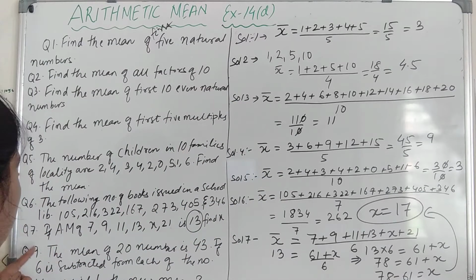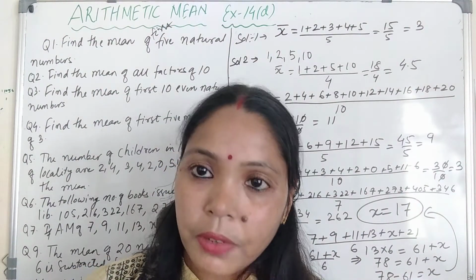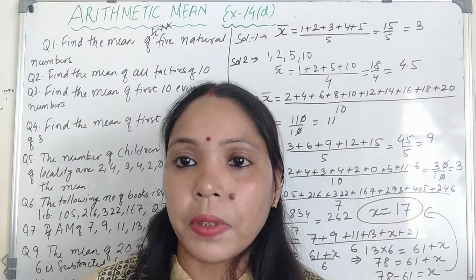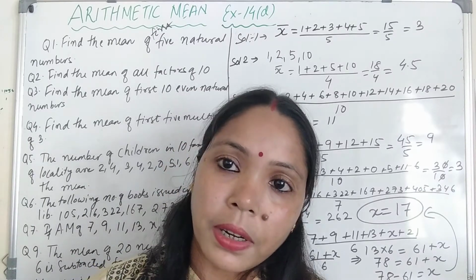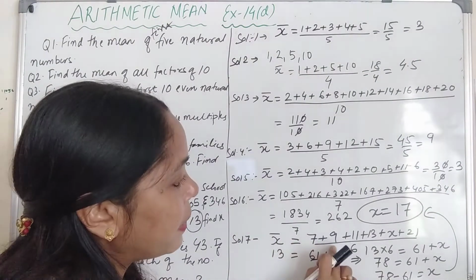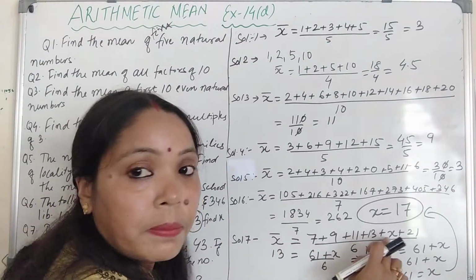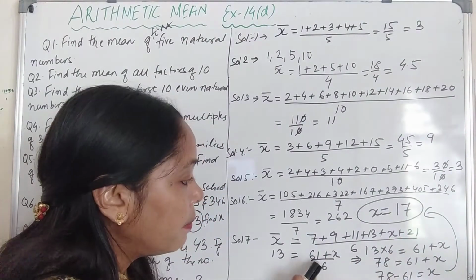So what we have to do in question number 7: mean is given, write down the formula for the mean. Mean is equal to the sum of all the observations divided by the total number of observations. The sum of observations will be 7 plus 9 plus 11 plus 13 plus x plus 21. Add all the numbers plus x.